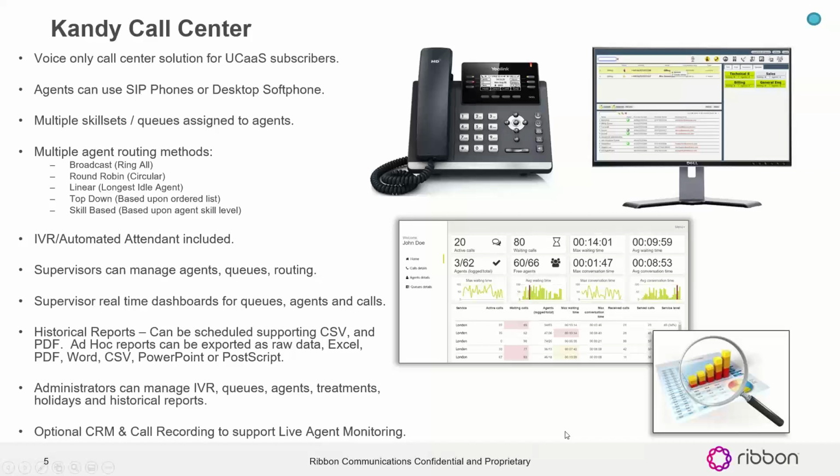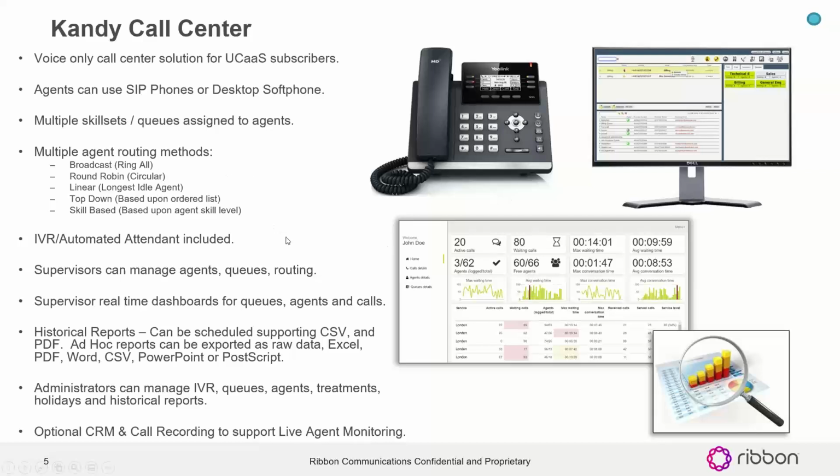So what is it? As I mentioned, it is voice only coming in. The agents can either be on SIP telephones, any of the SIP phones that we support, or they can be a console user, a soft client user. They can be in one or multiple skill sets. Some skill sets are also called queues, and sometimes in this they're called services.